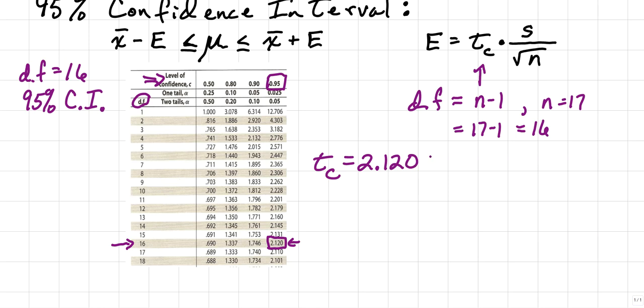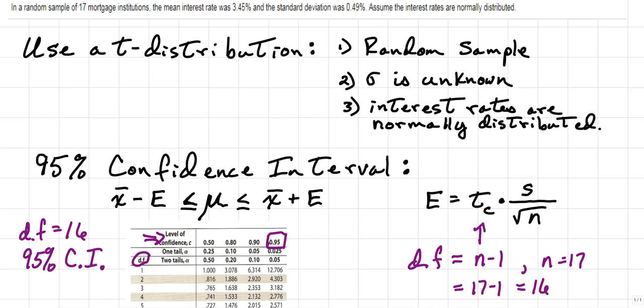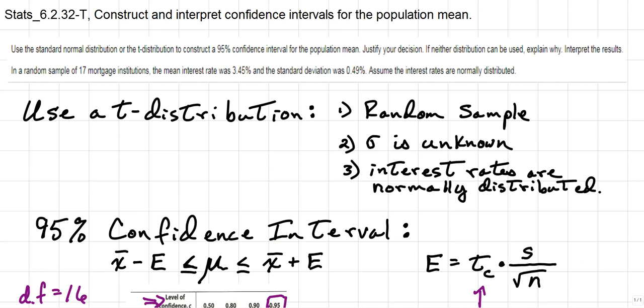So let's create our confidence interval. Remembering that E is going to be equal to 2.120 times your standard deviation. So we'll go back and we'll double check what our standard deviation is and what our mean is. Standard deviation is 0.49%.